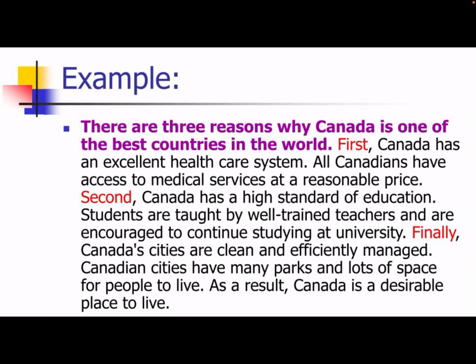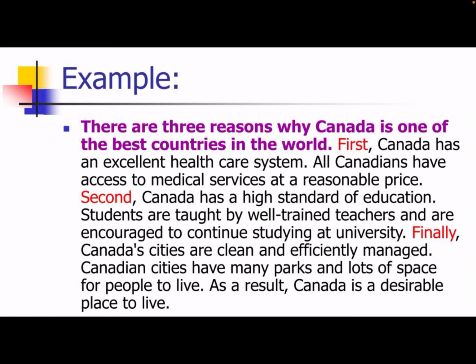Students are taught by well-trained teachers. Here's one: because they have great teachers, and the teachers encourage the students to continue studying at university. Okay, so I have one supportive sentence, and I gave a fact, and I have a second supportive sentence. I talked about it, and I gave facts about it.